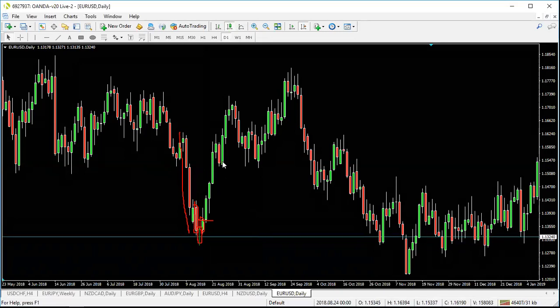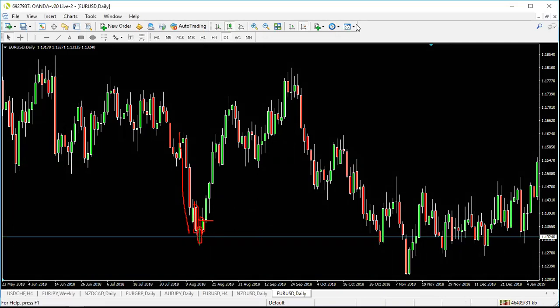Now, where I would have exited this trade is the form of an evening star pattern. Even though it did not carry out, it still created an evening star pattern that you can see right here. The market clearly went up. You have your bullish candle, your indecision, followed by your bearish.